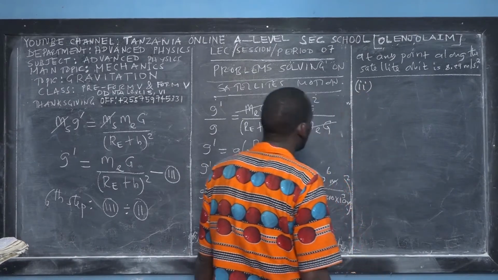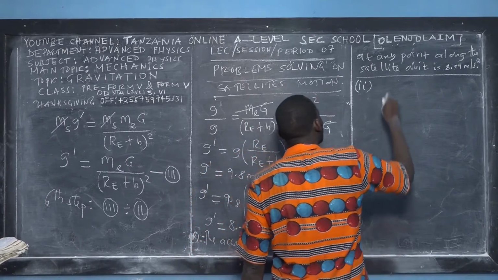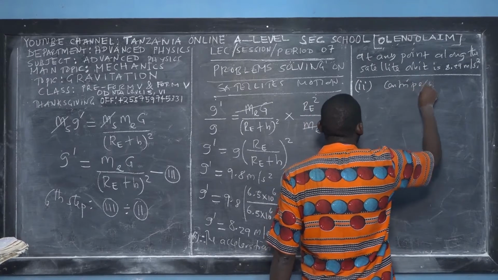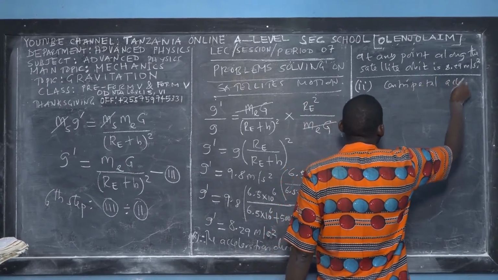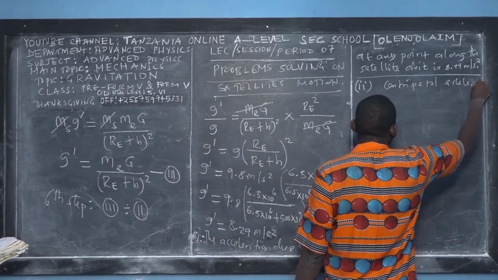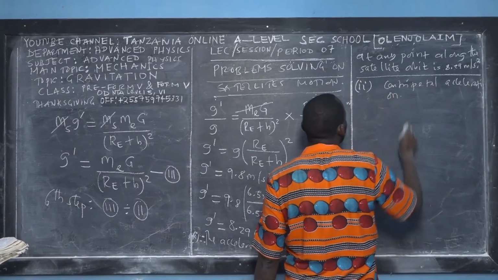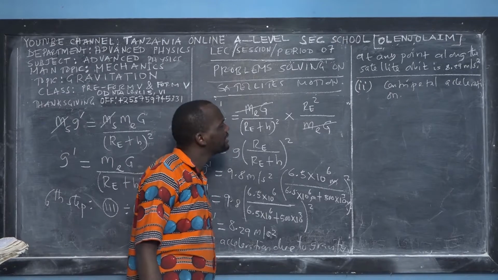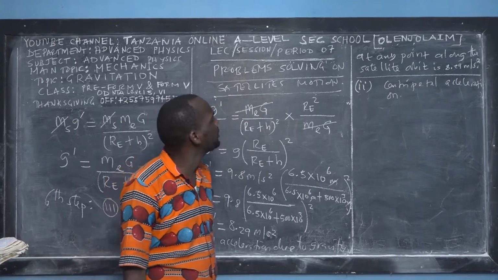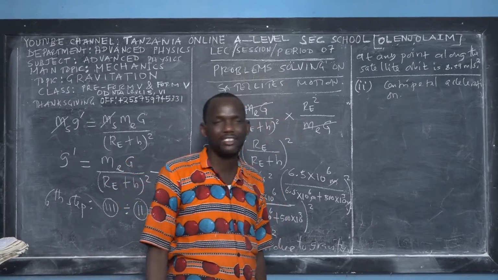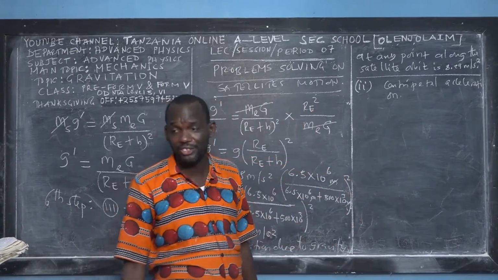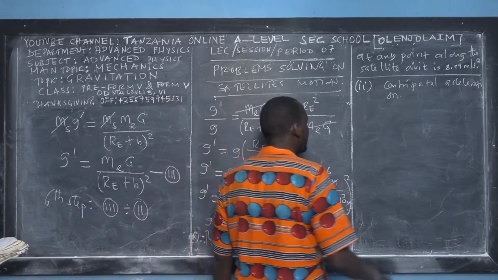So in Roman 2, we say that you want to find centripetal acceleration. You have to be careful here, especially with this concept. You might say that this concept of centripetal acceleration is a little bit difficult because you didn't learn about circular motion. No, that's not an excuse. Even if you learn circular motion there, you have to think. Okay, you have to think.